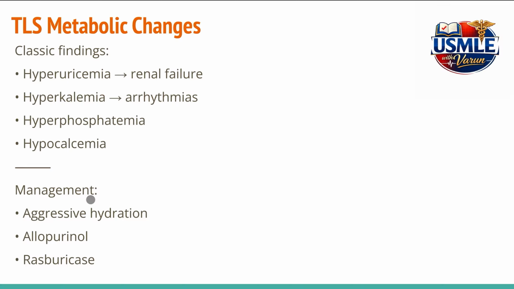So the management of this tumor lysis syndrome involves aggressive hydration to flush out the renal stones, and the other drugs that can be used in TLS are allopurinol and rasburicase.